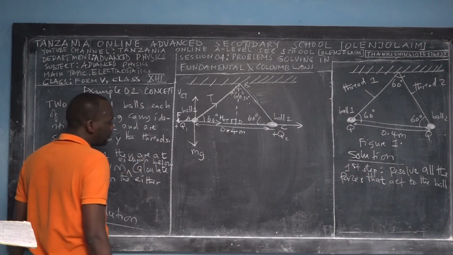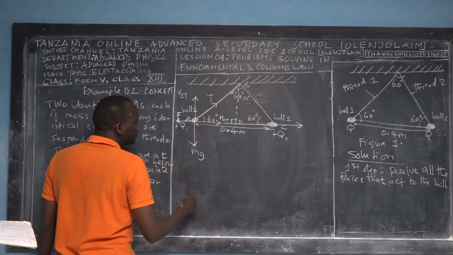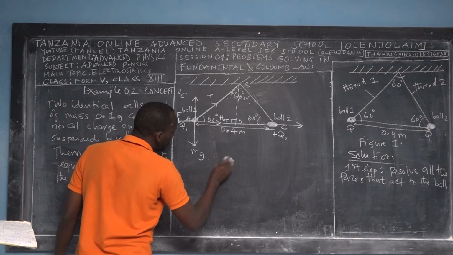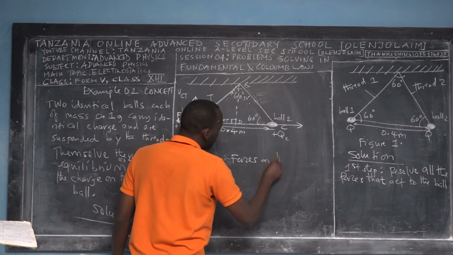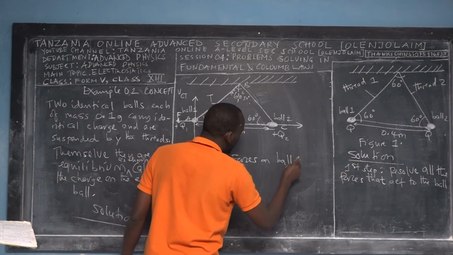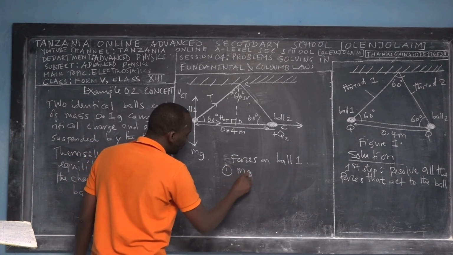So before we resolve, I want to summarize. The forces on ball 1: you have three forces. The first force is the weight, which is mg.